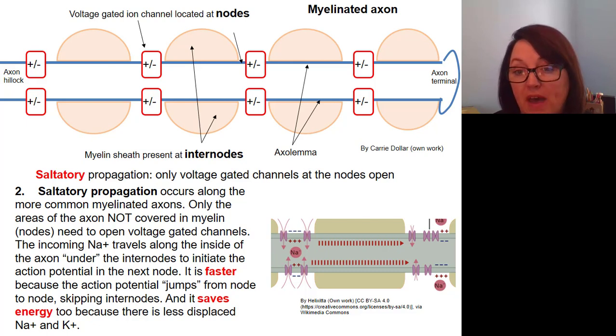It's also much faster, and the reasons for that are actually pretty complicated, but suffice to say that this jumping from node to node actually allows the action potential to be conducted much more quickly along the axon.